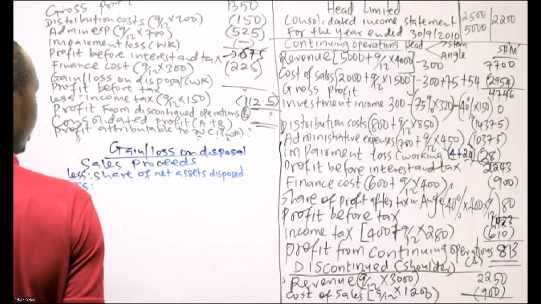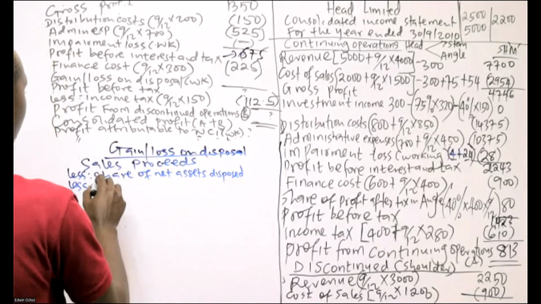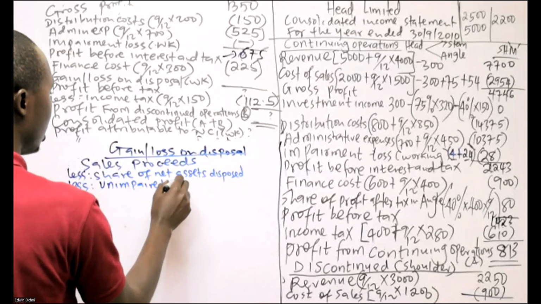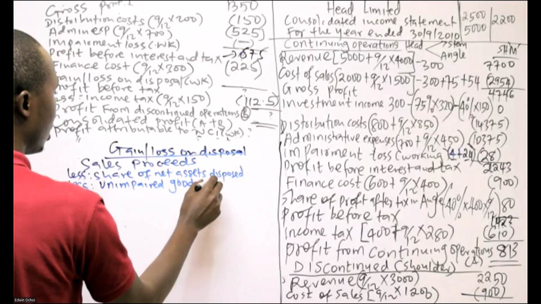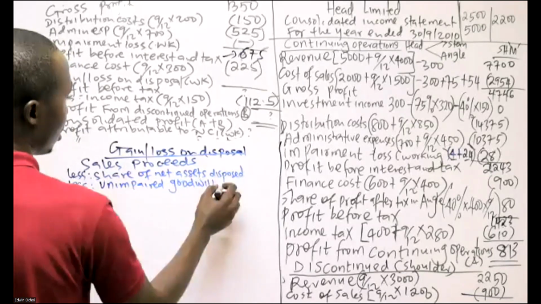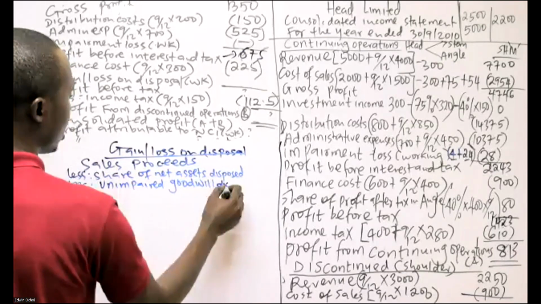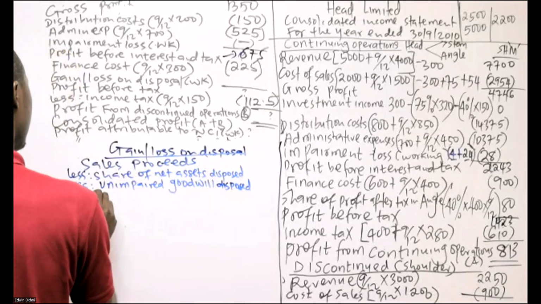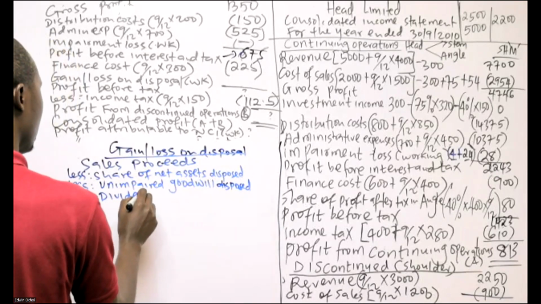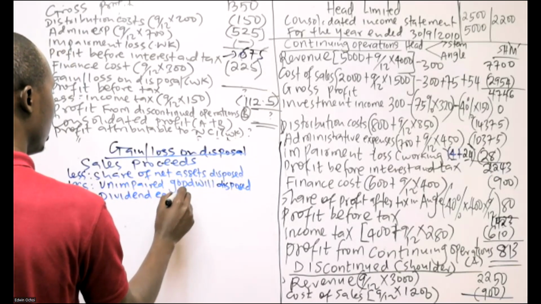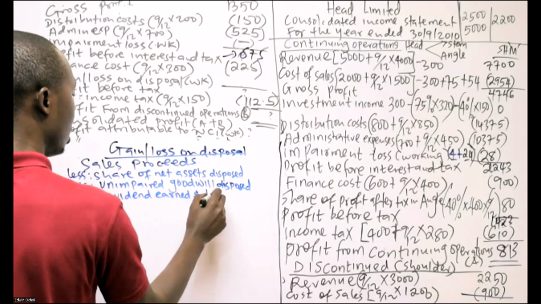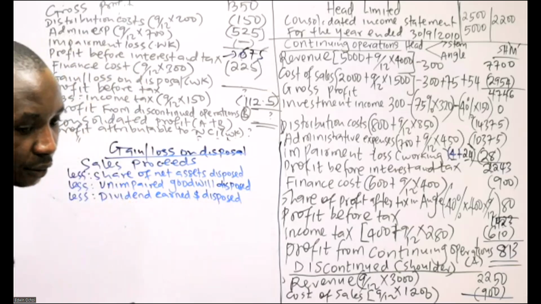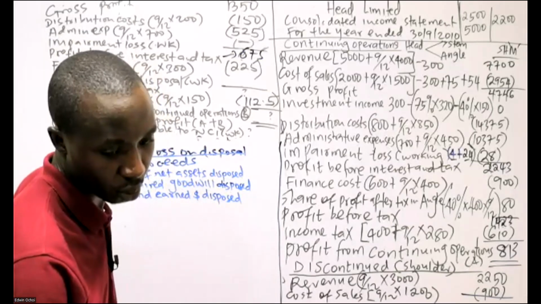We raise an impaired goodwill disposed. And we talk about dividend earned and disposed.